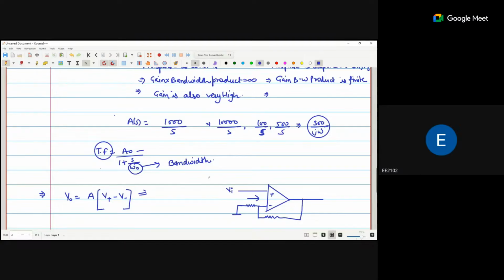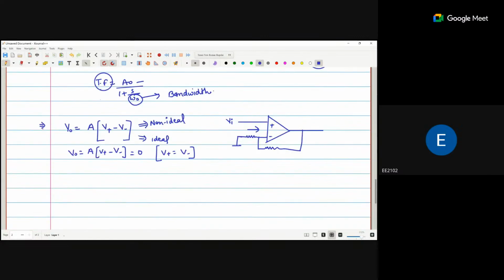For the ideal case, V naught is A times (V plus minus V minus), which becomes 0, because in the ideal case V positive equals V negative.